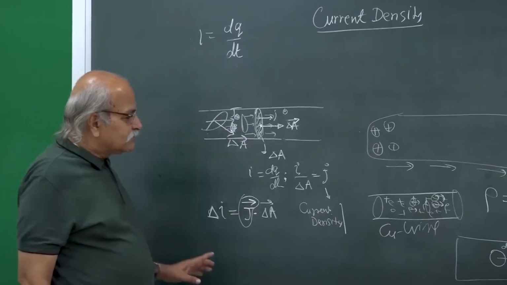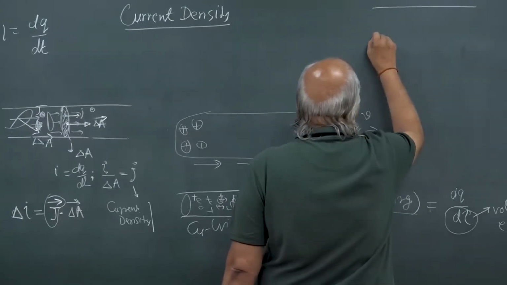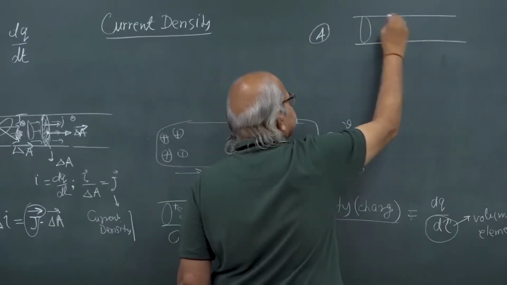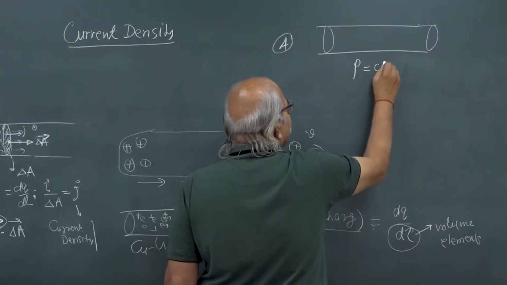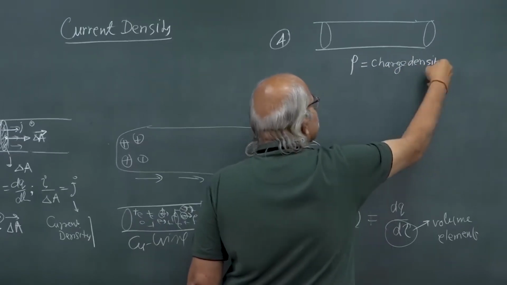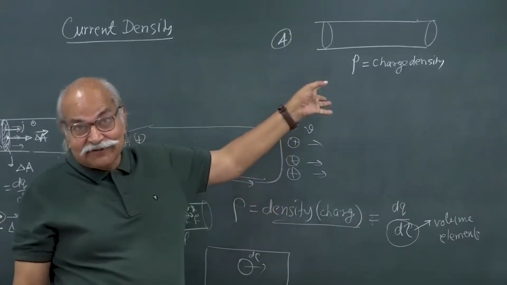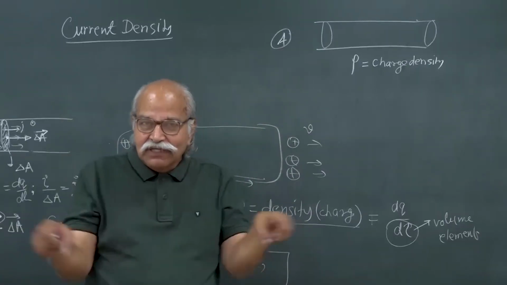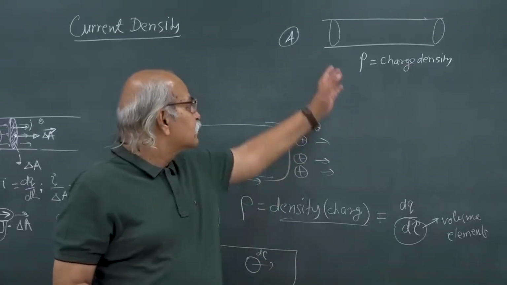So let me take a case. Suppose you have a wire of some cross sectional area A, and then you have rho, this is the charge density of the charge carriers. That means if it is a metallic wire, it is basically free electrons. Or if you have put the charge somehow on a material, then whatever is the charge per unit volume, that is this rho.